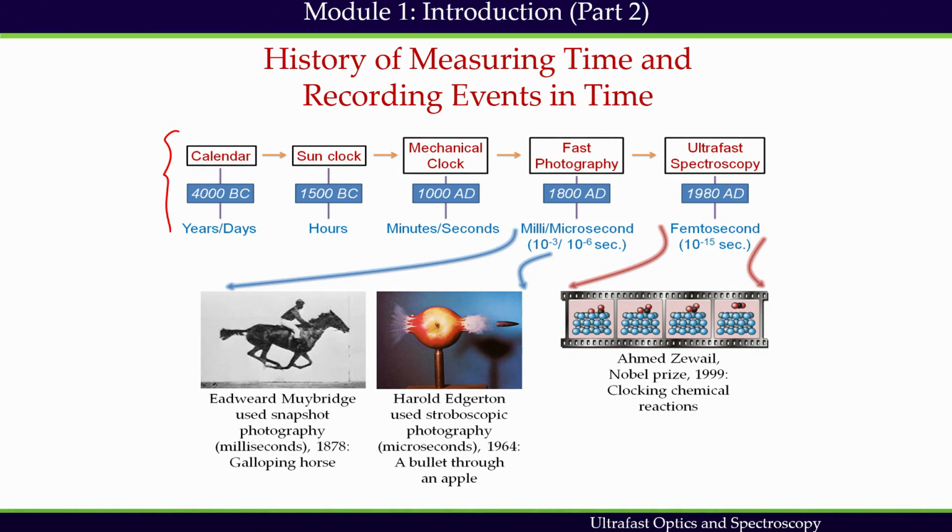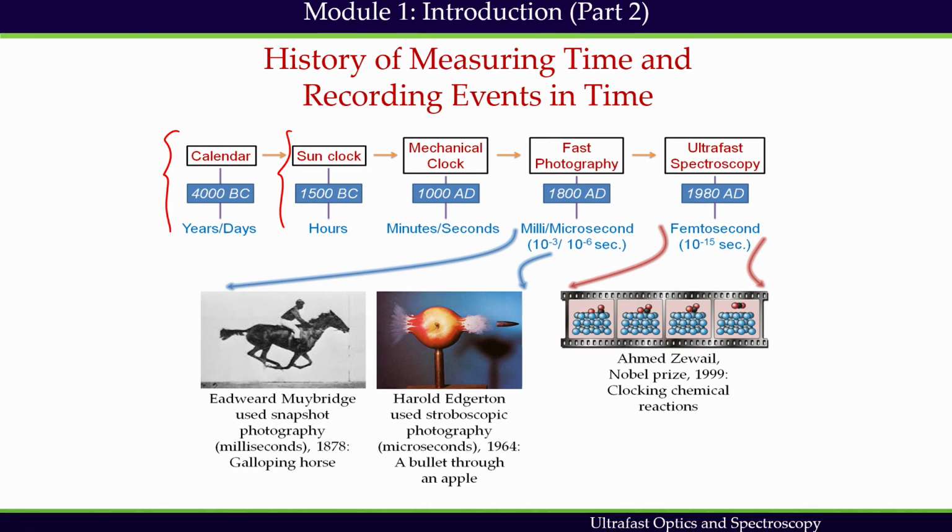Followed by sun clock in about 1500 BC. The sun clock was developed. These early developments permitted us to record yearly and hourly activities, events with the help of our eyes.